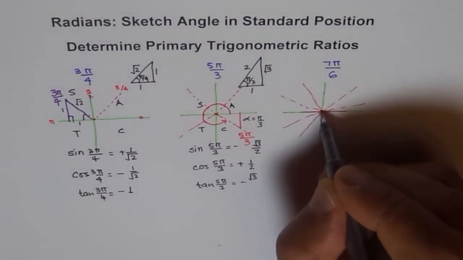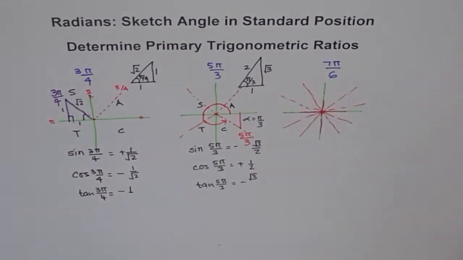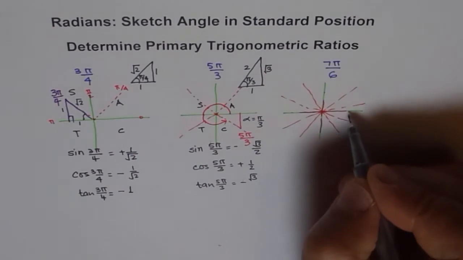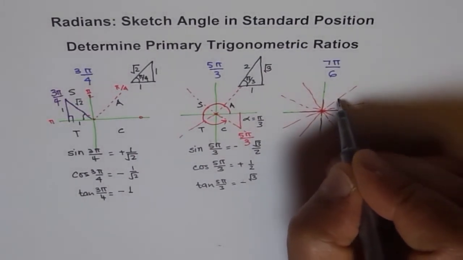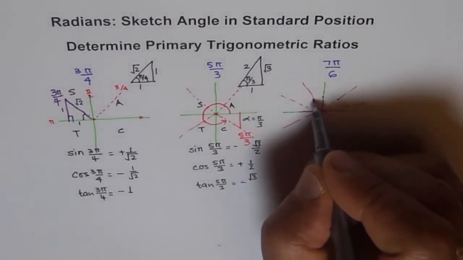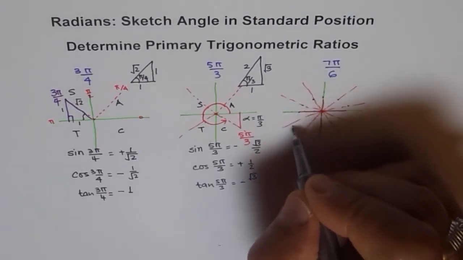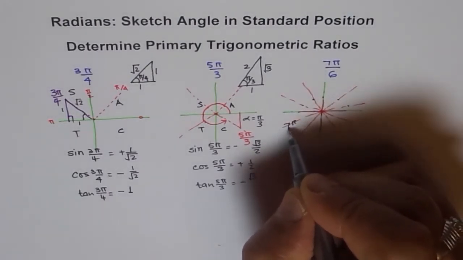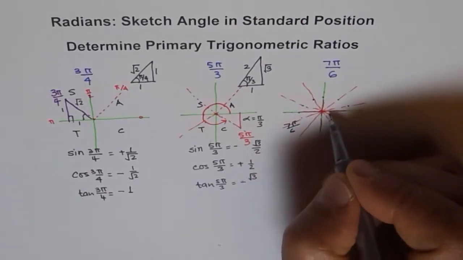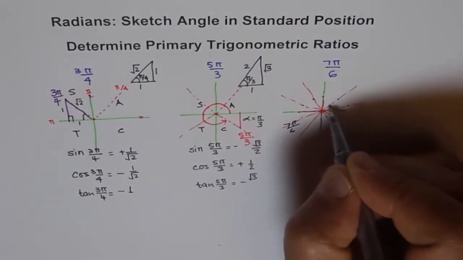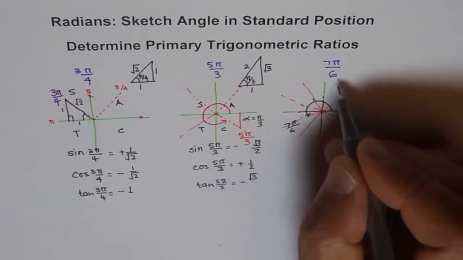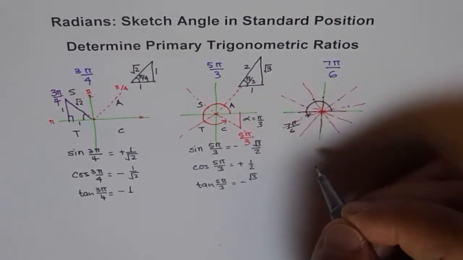These are also our parts. Now we go to 7 pi by 6: 1 pi by 6, 2 pi by 6, 3 pi by 6, 4 pi by 6, 5 pi by 6, 6 pi by 6, 7 pi by 6. That is our 7 pi by 6. So from here to here, it is 7 pi by 6 in standard position.